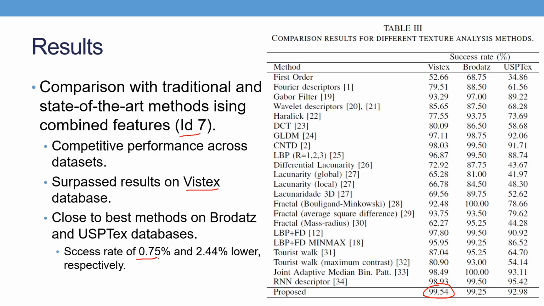For example, we have a success rate 0.75 and 2.44 lower than the best methods in those datasets. It's pretty competitive, especially if you consider that our approach is simple. It's based on LBP maps that are simple to compute and histogram analysis.